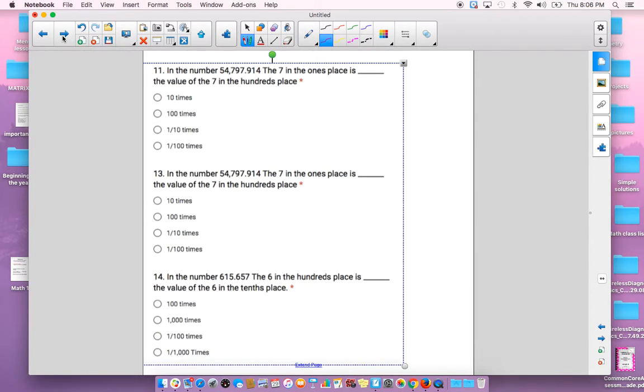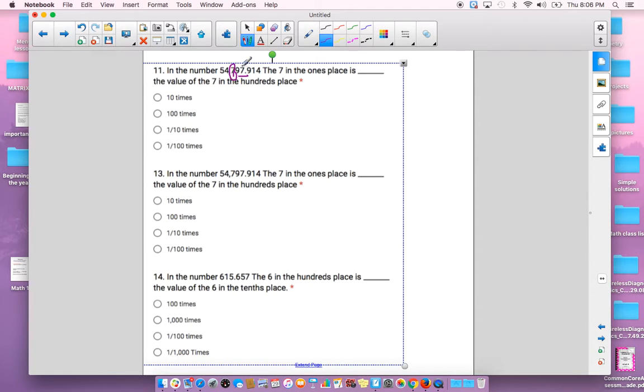Moving along. In the number 54,797 and 914 thousandths, the 7 in the ones place, underlining it, has the value blank times the value of the 7 in the hundreds place. I'm circling. So let's see how many jumps.